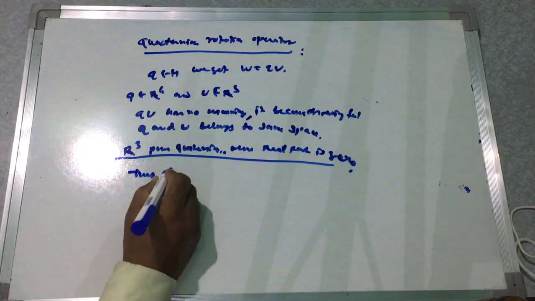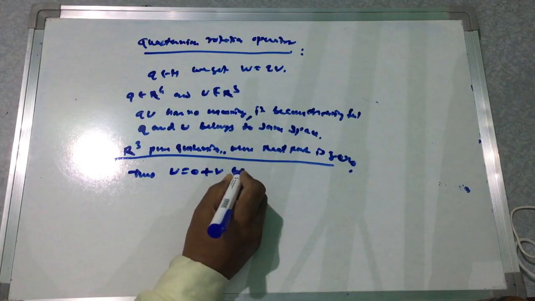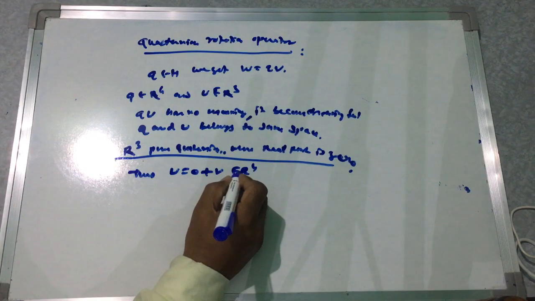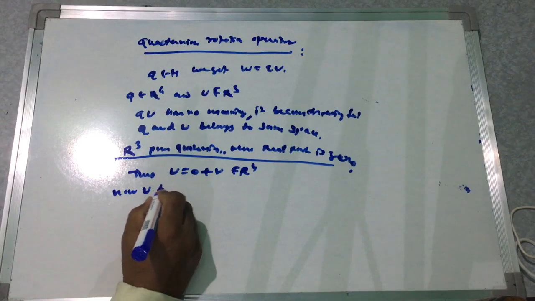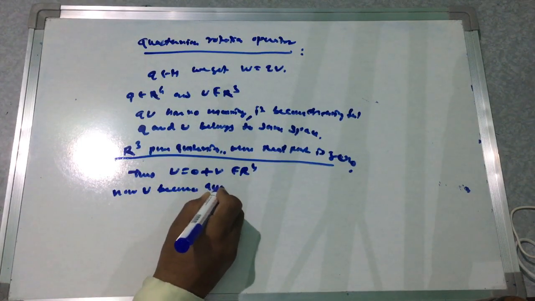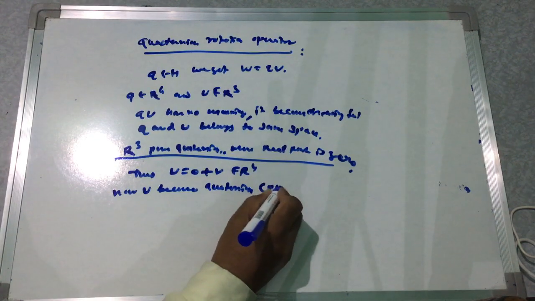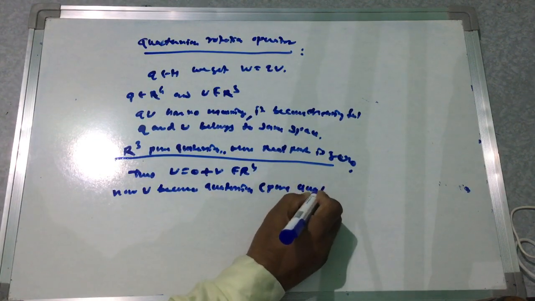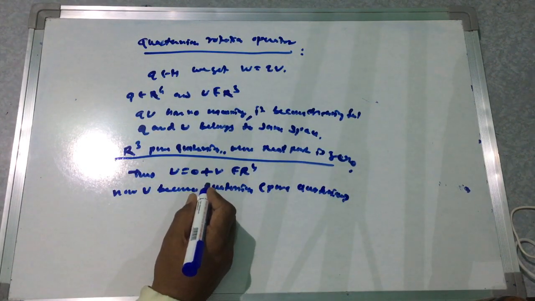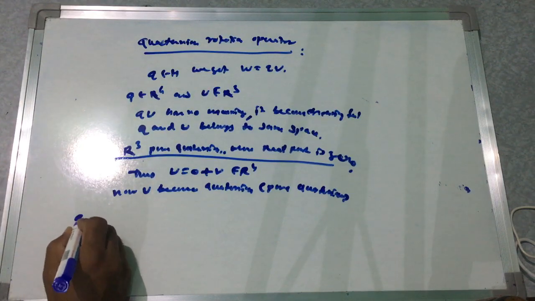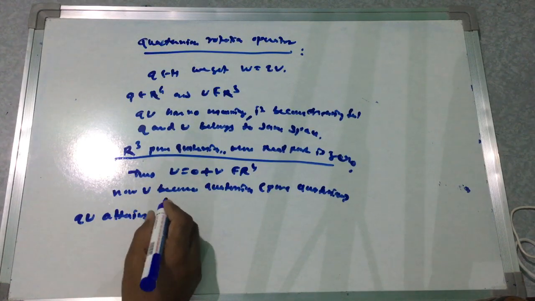Thus we can write v is equal to 0 plus v, belongs to R to the power 4. And now v becomes a quaternion, that is called a pure quaternion. Then qv attains meaning.